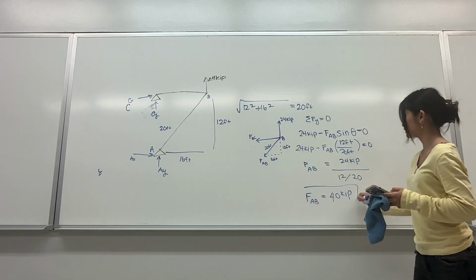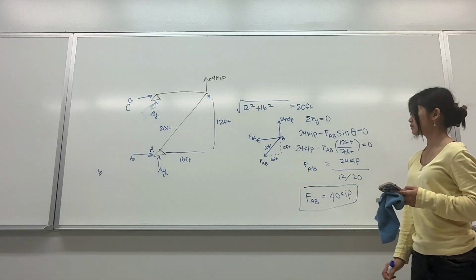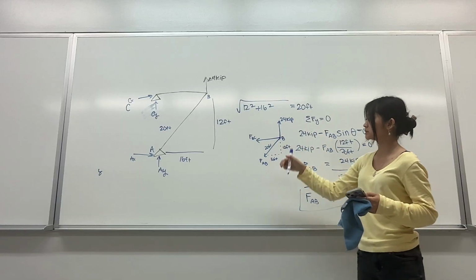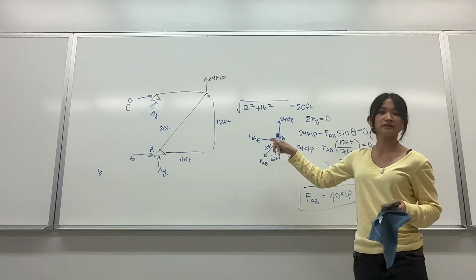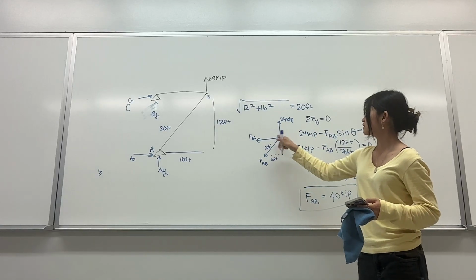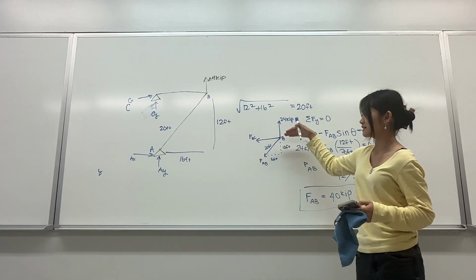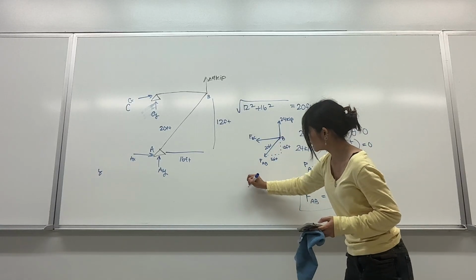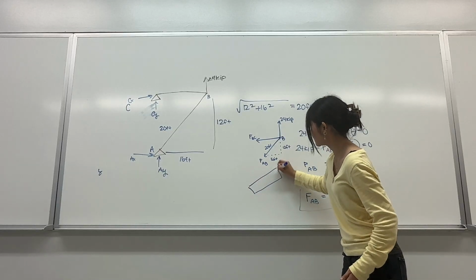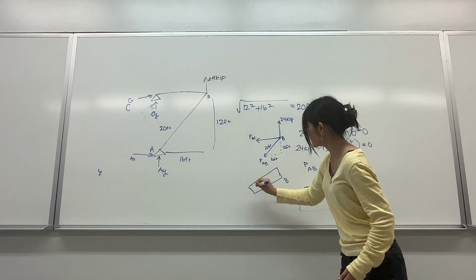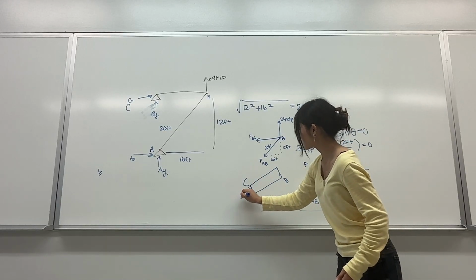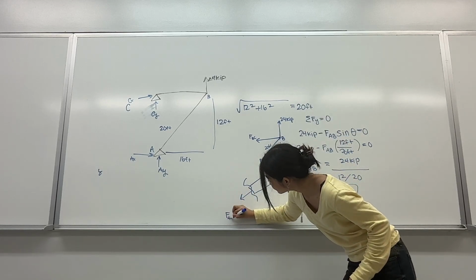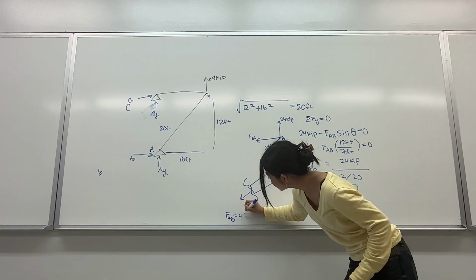That's an important value because that's the normal force when we cut AB. If we drew a free body diagram, this is B and this is a cut, we have our normal force, which is FAB, which equals 40 kip.